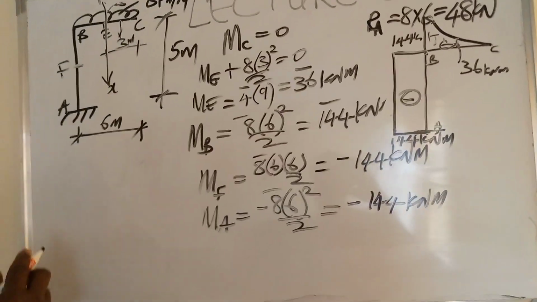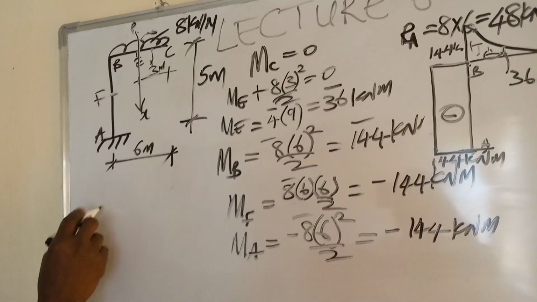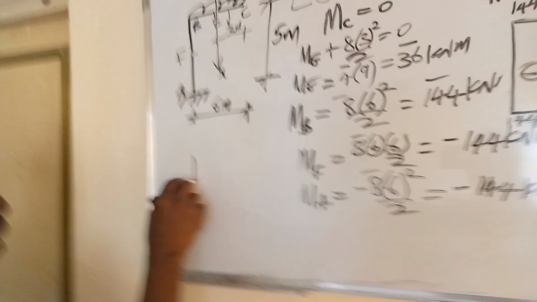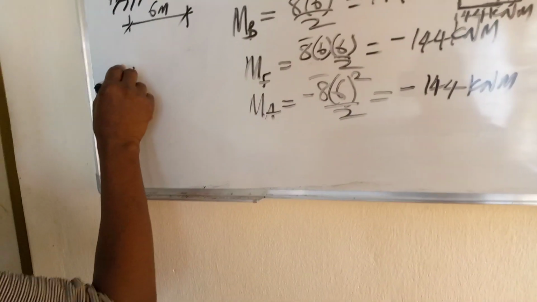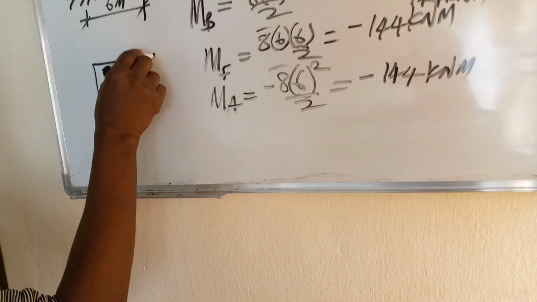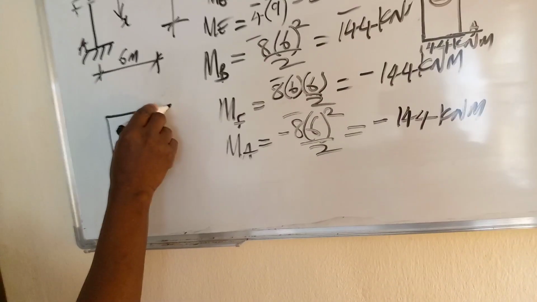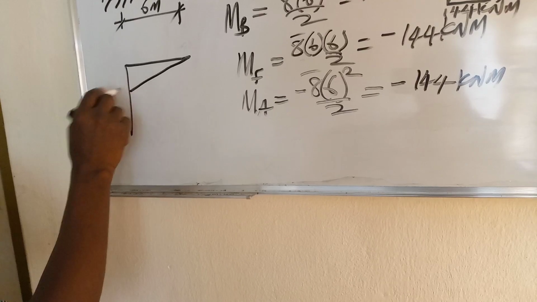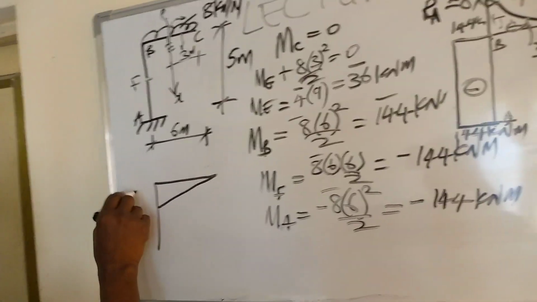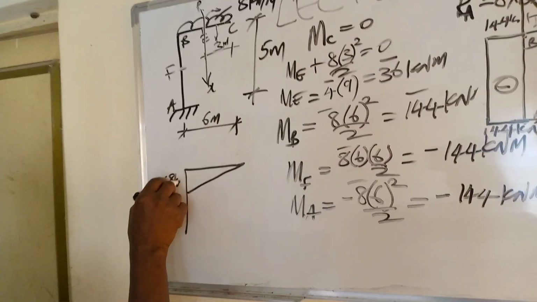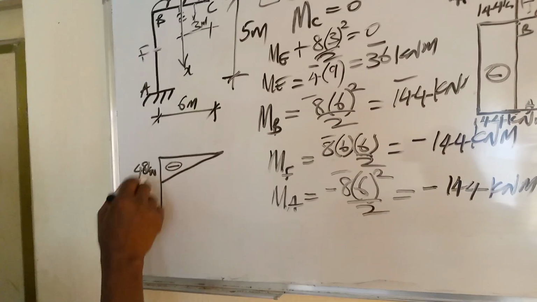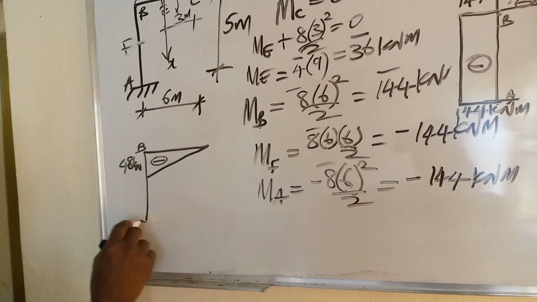So the shear force diagram along B should be like this: 0 at C and 48 kilonewton at B.